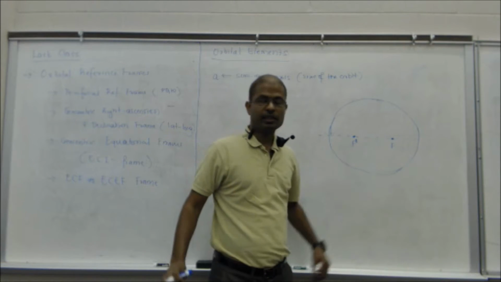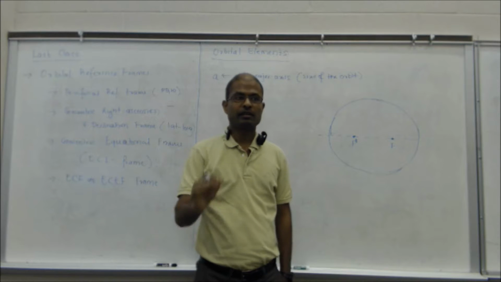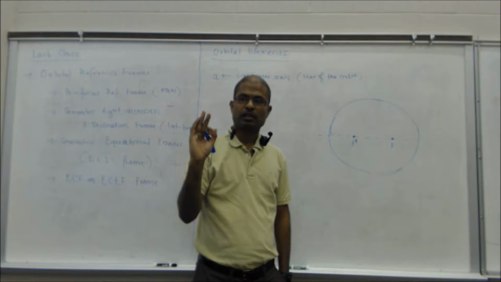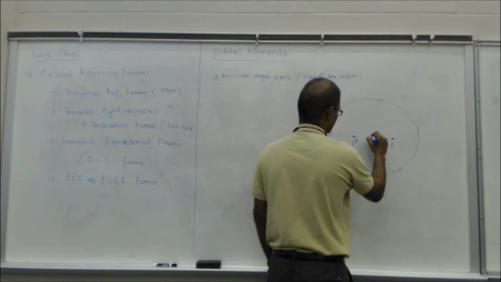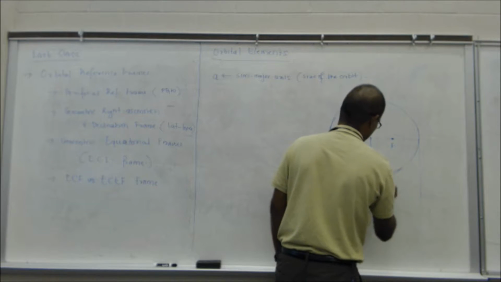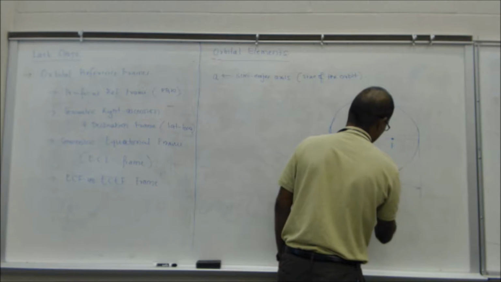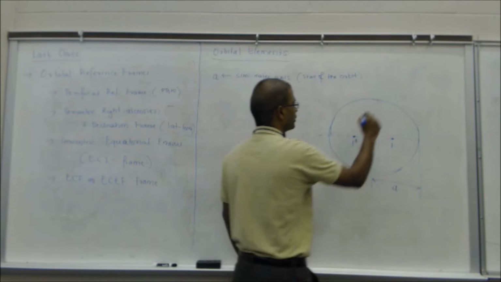Here we are visualizing Earth as just a dot. What is A? A is this length. The semi-major axis. Okay, this is your orbit.